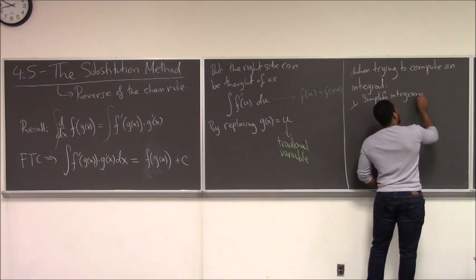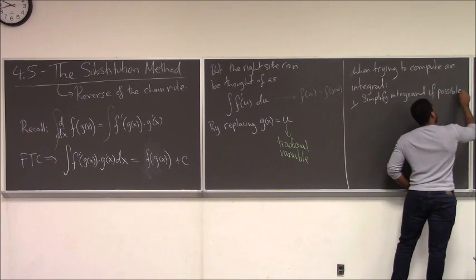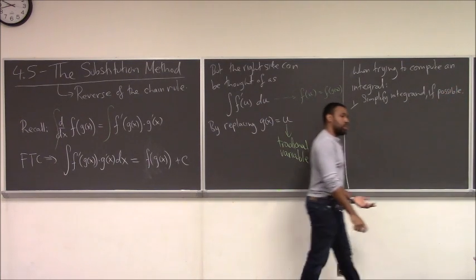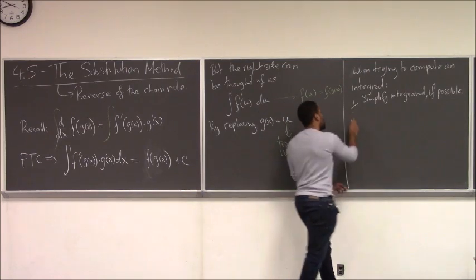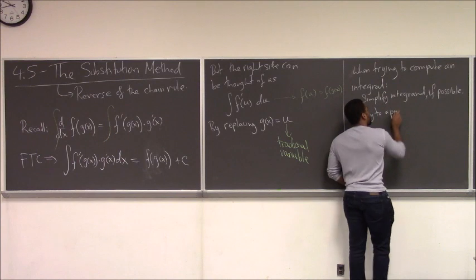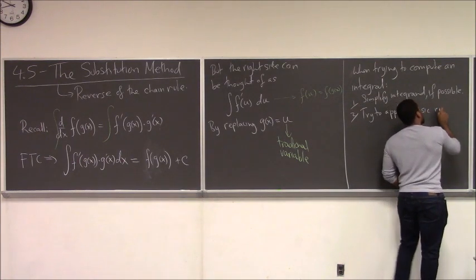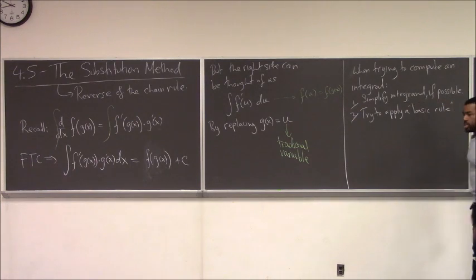We did a few examples of that yesterday, where we had something that looked complicated and we simplified it and it became simpler. Two, we could try to apply what I call a basic rule. This is just the reverse of a derivative rule.